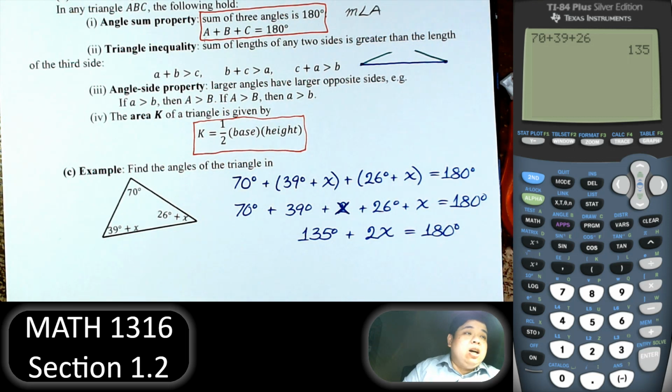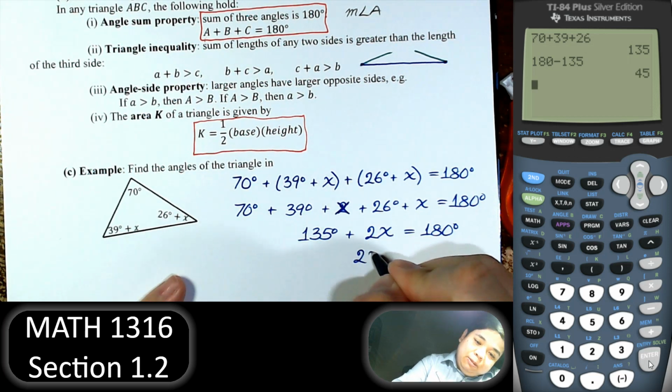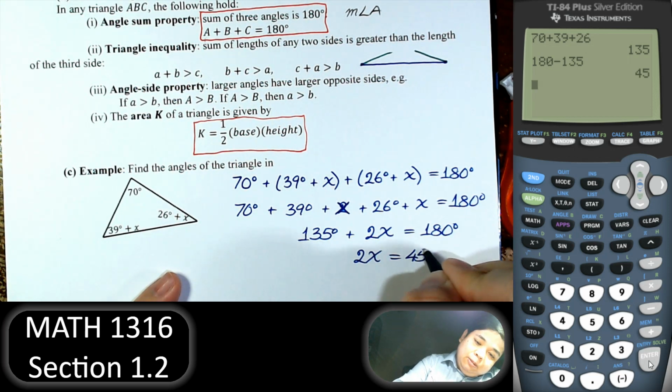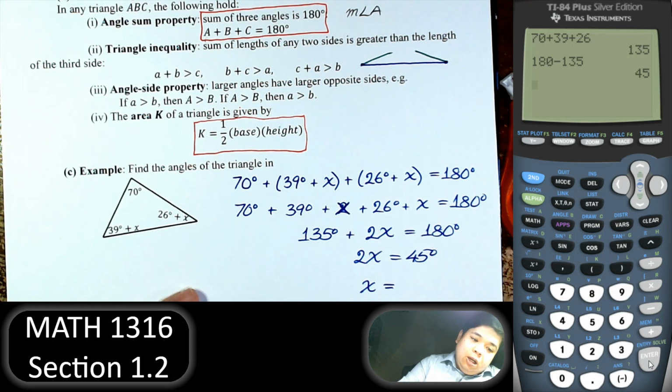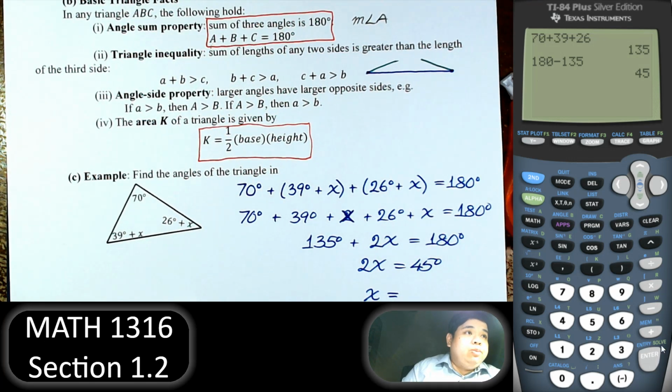Subtract 135. It's 45 divided by 2. So x is equal to 22.5.